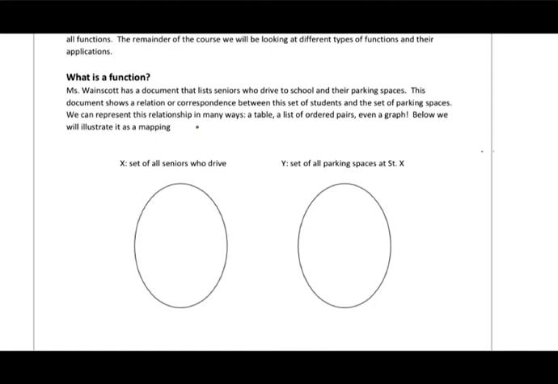You could have a list that lists the student and their parking space, and that's really just an ordered pair. We could even talk about it as a graph.